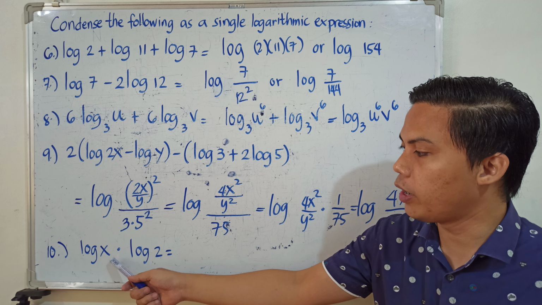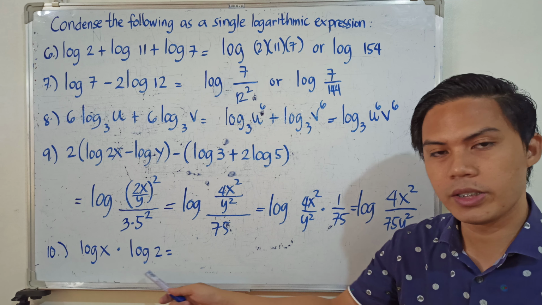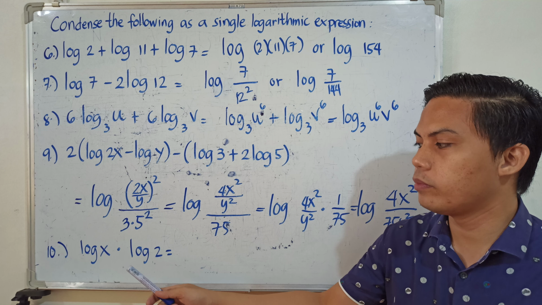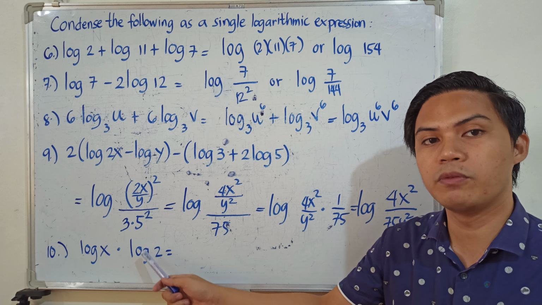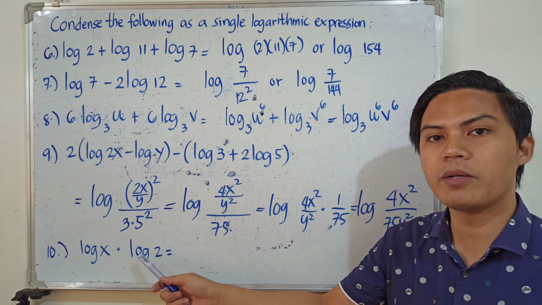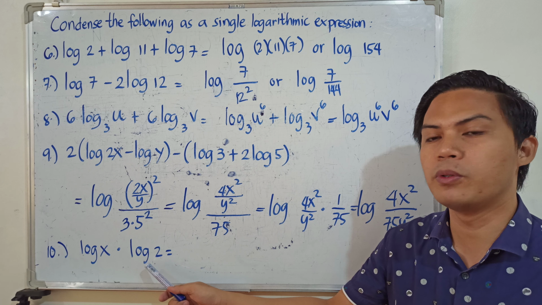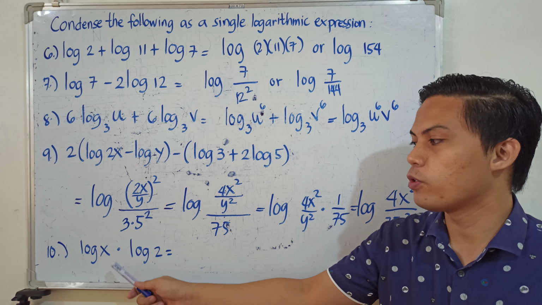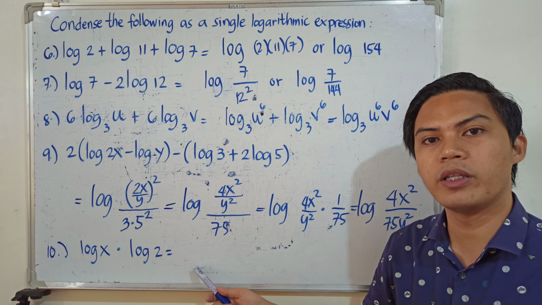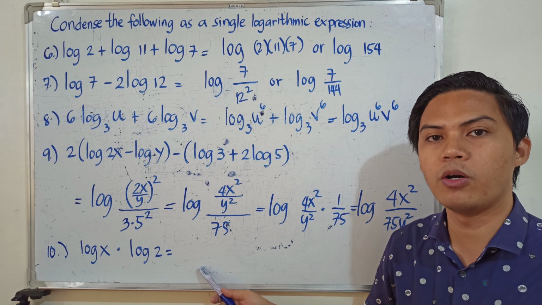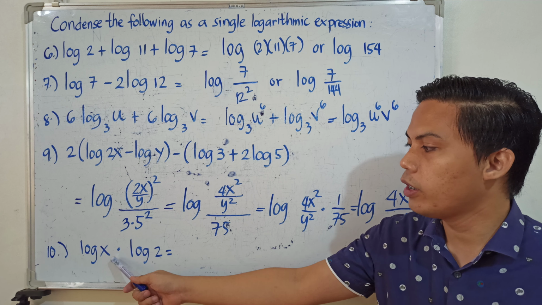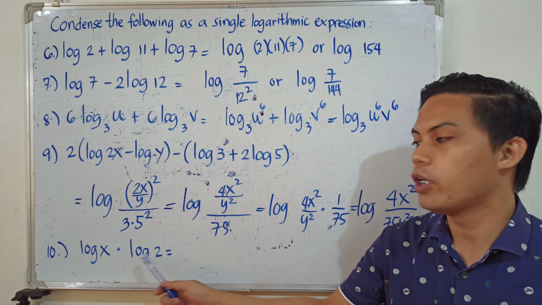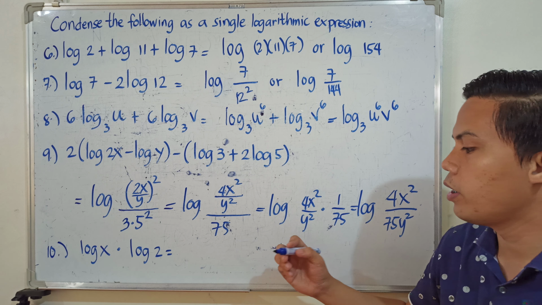So it would be impossible na ma-condense yung dalawa. Hindi applicable dito yung product rule kasi yung product rule dapat addition yung operation natin, hindi multiplication. So kung addition, then we can write that one or express that one as a product of the two factors. But then again, dito sa original na given natin, product na yung nakalagay na operation. So this one cannot be simplified.